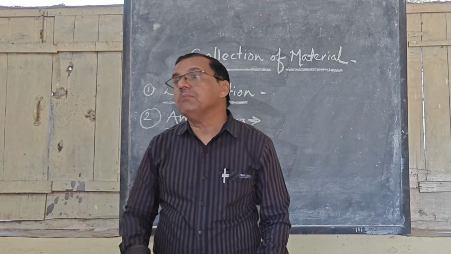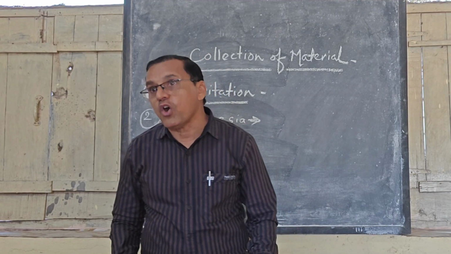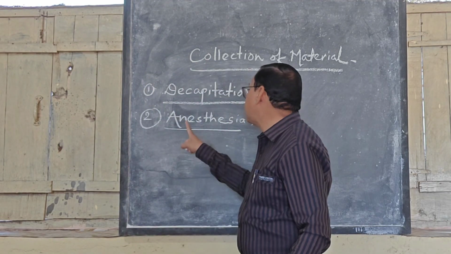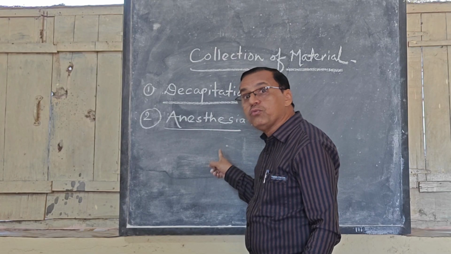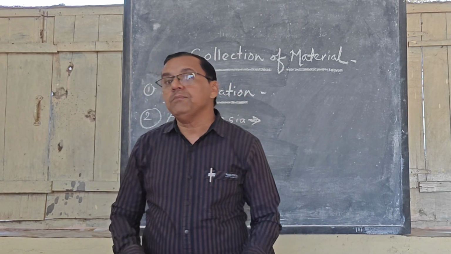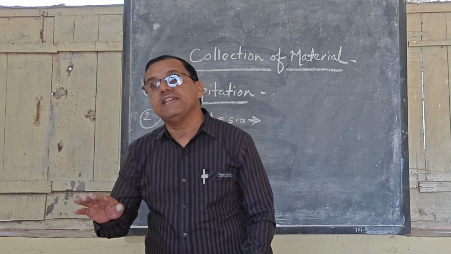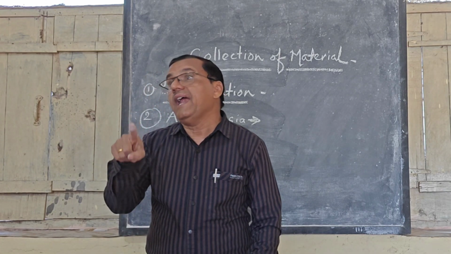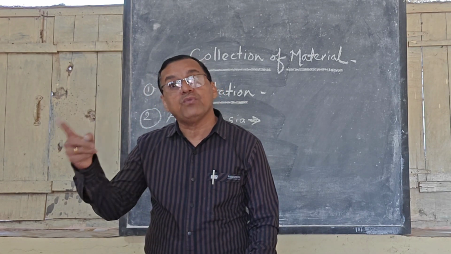For laboratory animals, we are giving chloroform. For anesthesia we use chloroform vapors, and by giving chloroform vapors the animal's feeling is lost. Only the respiratory and circulatory systems are functioning.